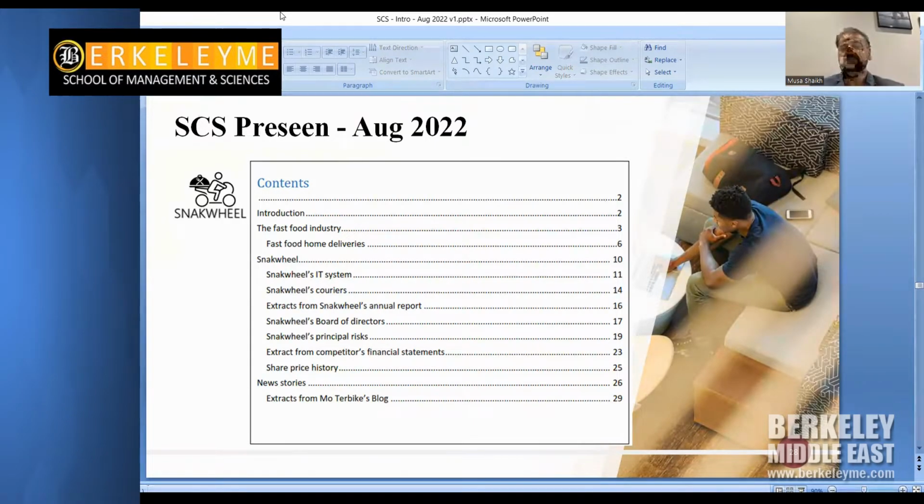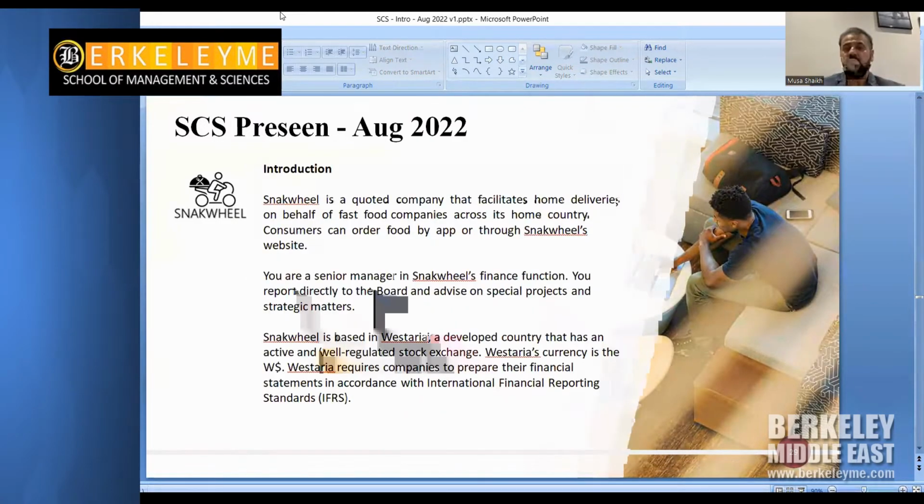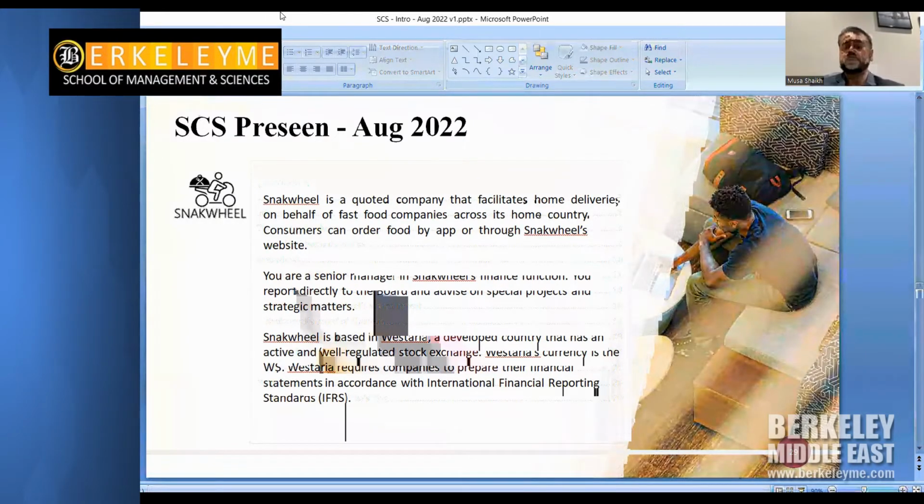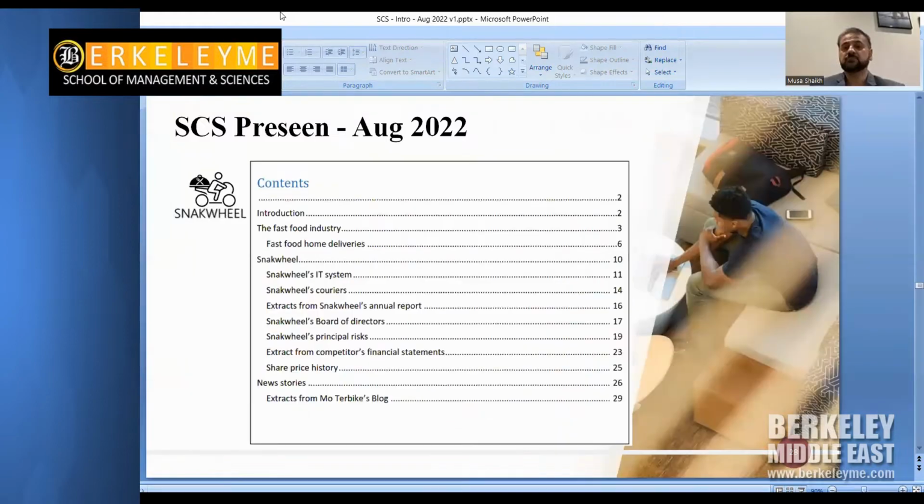Then we see the company introduction, Snack Wheel, the IT system, and the couriers, how they do the transportation. This is standard. Every time the industry will change in CIMA exams, but the format will remain the same. You need to know about the company, industry, IT system, how they dispatch, couriers, and extracts from the annual report.